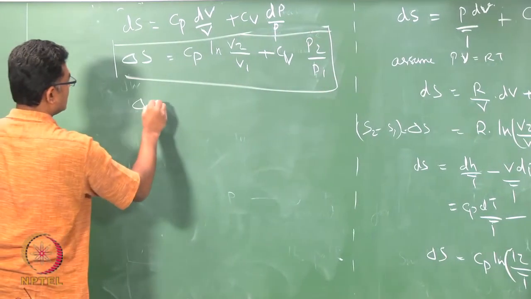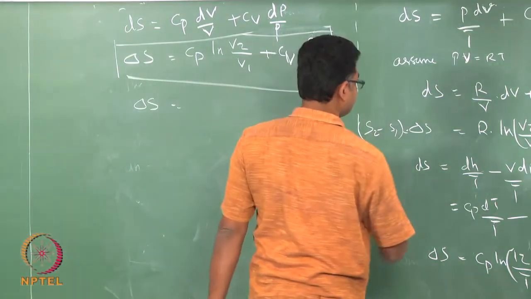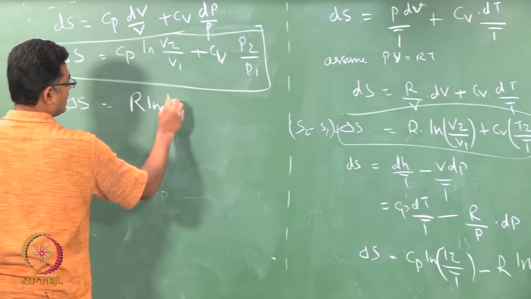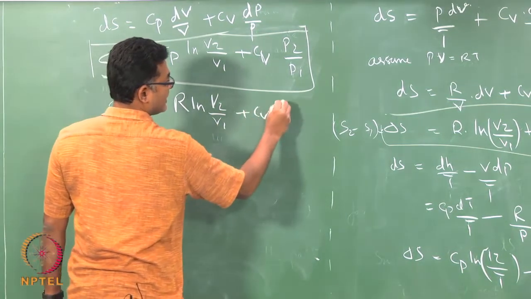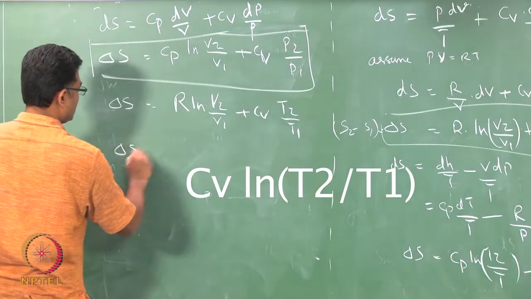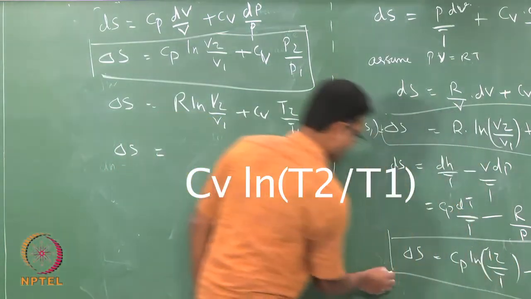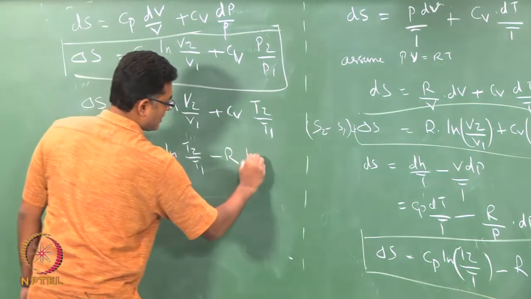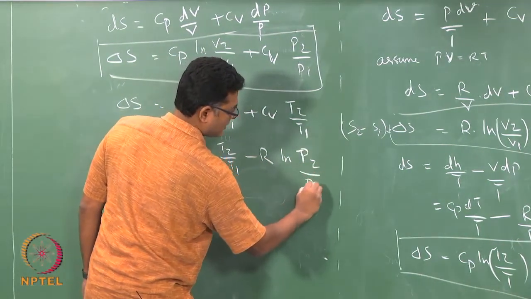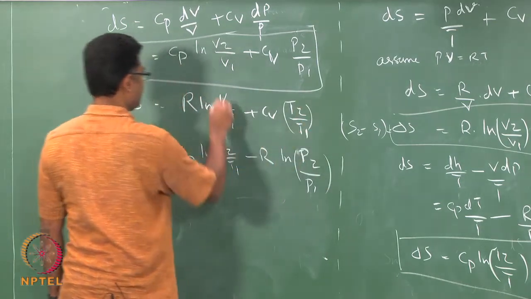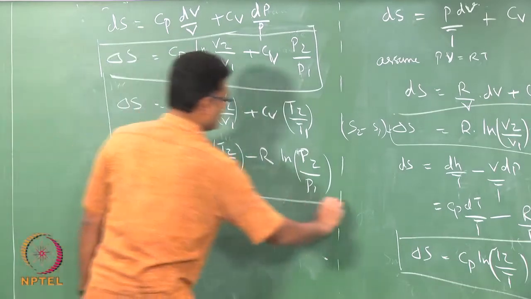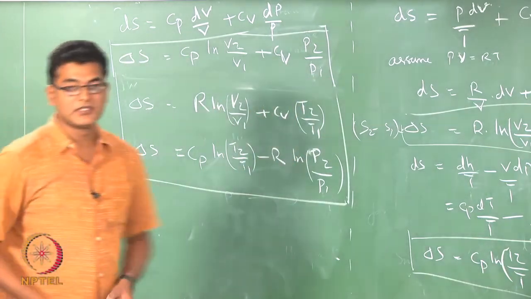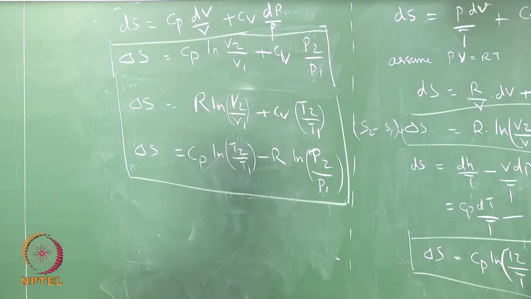Along with the equation R ln V2 by V1 plus Cv ln T2 by T1, and the equation Cp ln T2 by T1 minus R ln P2 by P1, these are important relations from which we are going to derive further inferences about several processes.